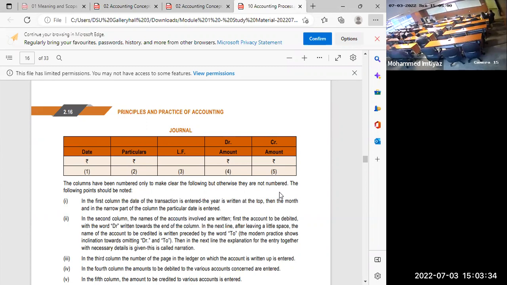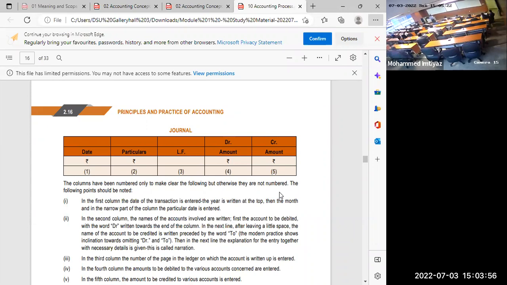In the date column, you write the date of the transaction. After finishing one entry, you draw a line, then go to the next one. The same day may have 10 or 20 entries; you can write the same date again and again and write the entry.